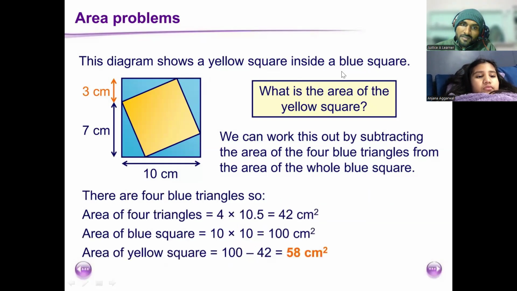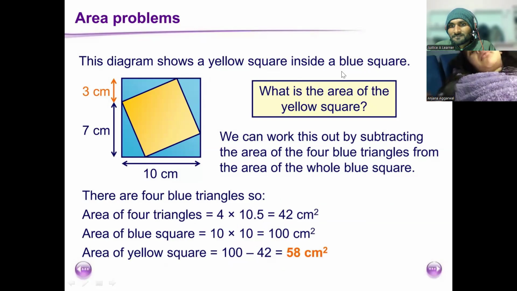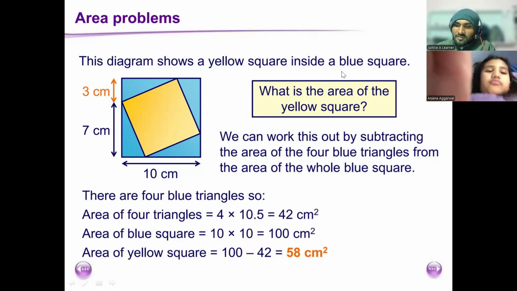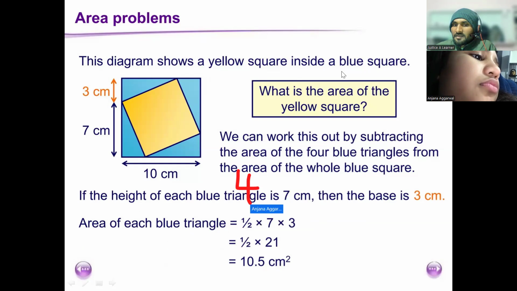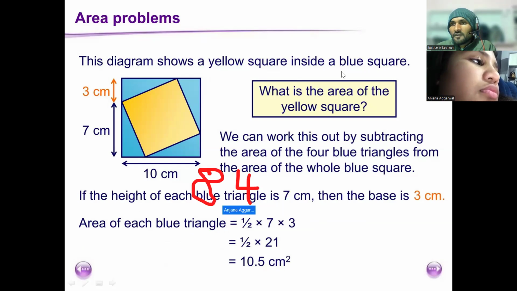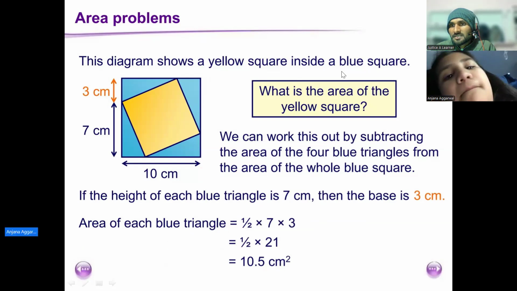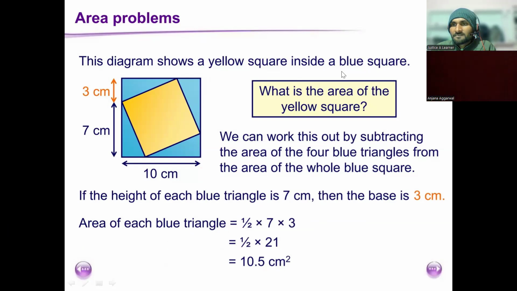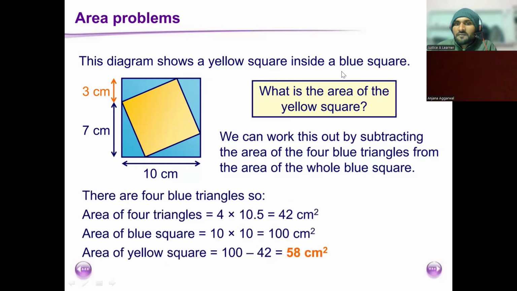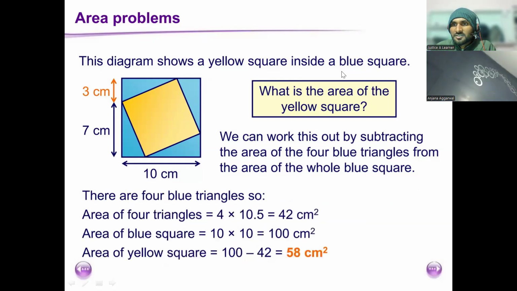Now there are four blue triangles, isn't it? Now just observe. We got the data in decimal. Half of 21 is equal to 10 and a half, right? So now 4 into 10 and a half is equal to 42. Is that true?